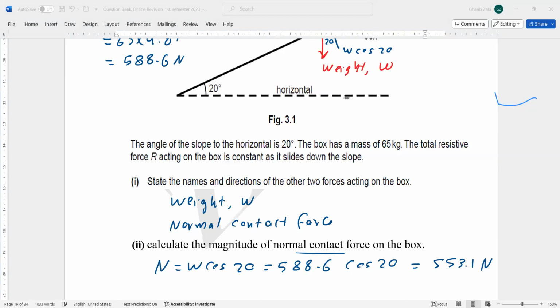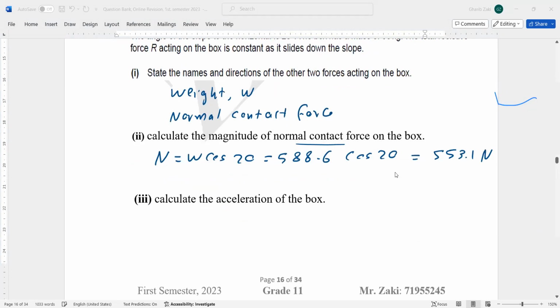Now, next, calculate the acceleration. The acceleration comes from resultant force equals ma.